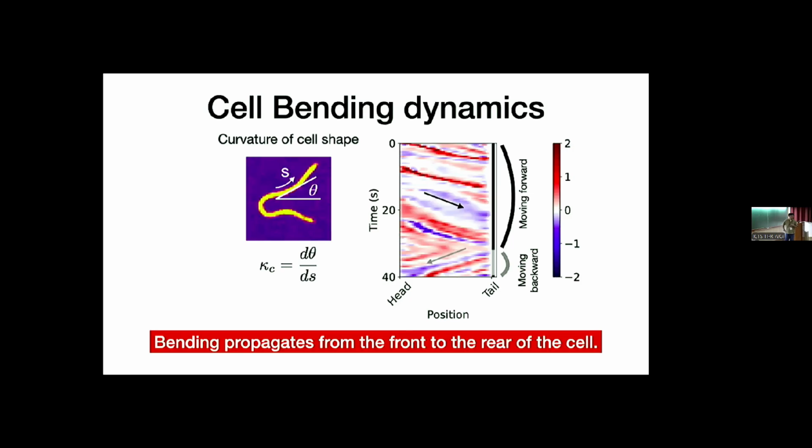Now the cell moves forward, and the curved region, red or blue, propagates from the head to the tail. The bending region propagates like from here to here. But interestingly here, the cell exhibits reversal. Now the tail is the front and the head is the rear. Then the propagation is also flipped. The propagation starts from the tail to the head. So the bending propagates from the front to the rear of the cell.